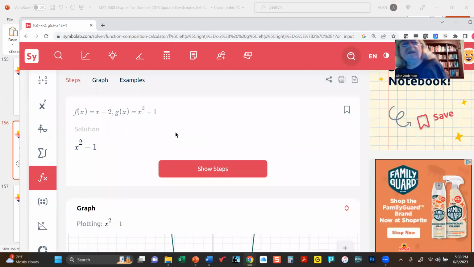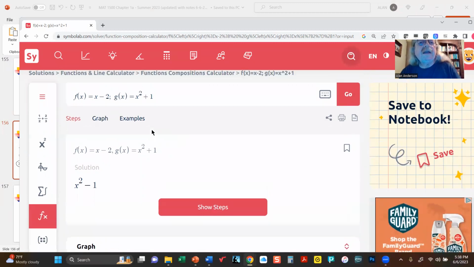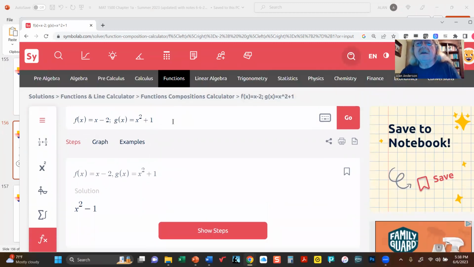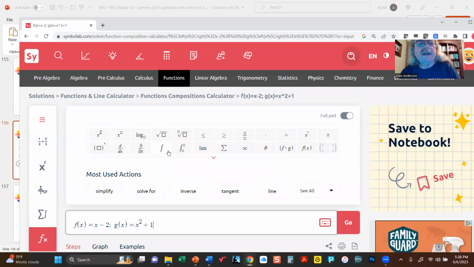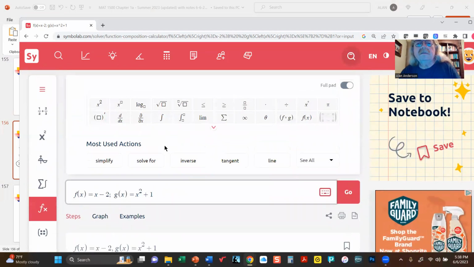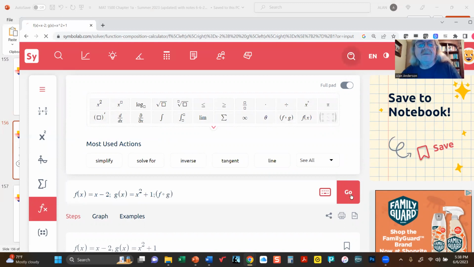I run into this all the time with the technology. They make it sound like it's so user friendly, so easy. And in fact, it's always just the opposite. There's absolutely nothing here to indicate how to do it. Oh, well, maybe I got lucky. See, now here it says f of g. Again, is that what I'm supposed to do? How am I supposed to know?